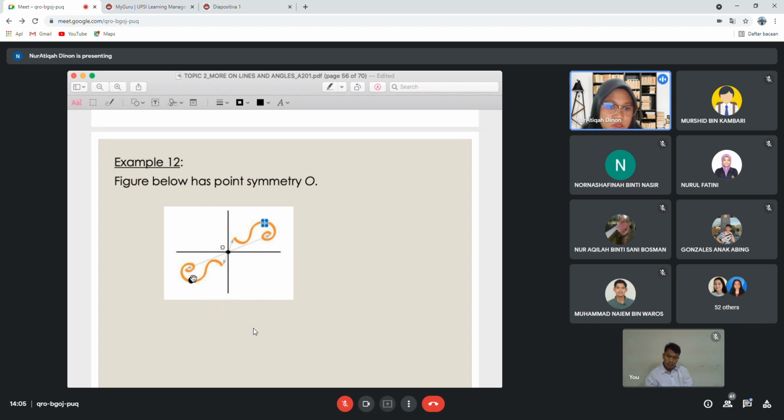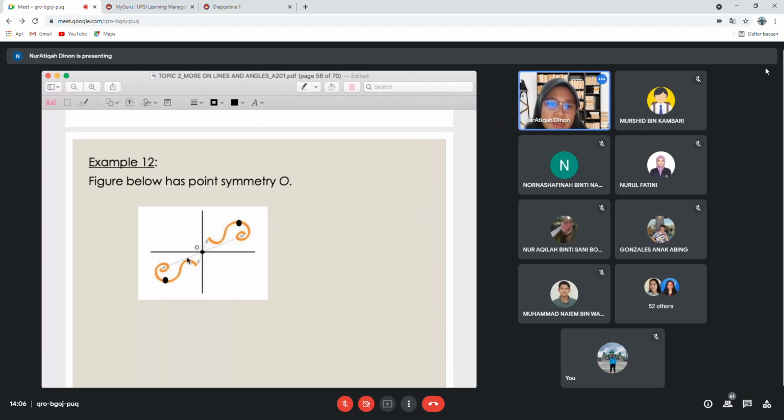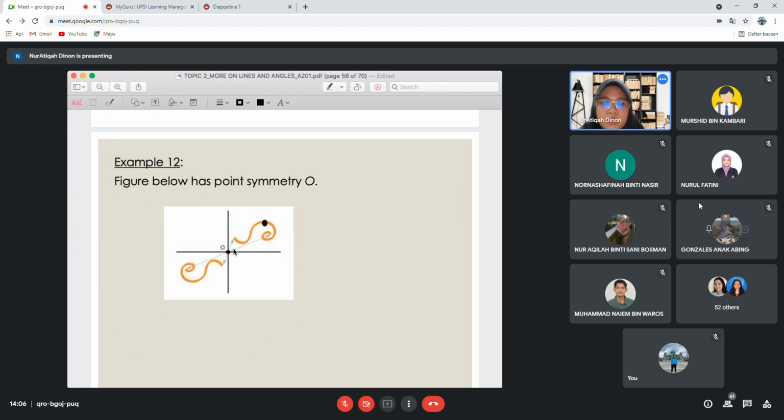When you look at the length from this point to point O, and then point O to this point, you will have the same length as well. It's congruent. So the figure below has point symmetry. This figure has point symmetry at O.